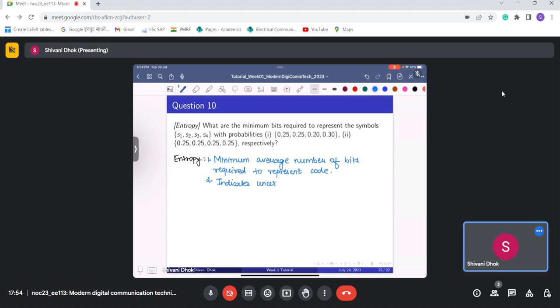It also indicates the degree of uncertainty in the particular code. How? That I'll explain with the help of these two examples.